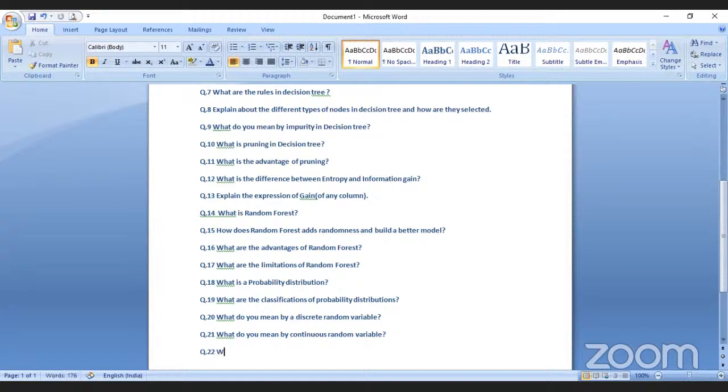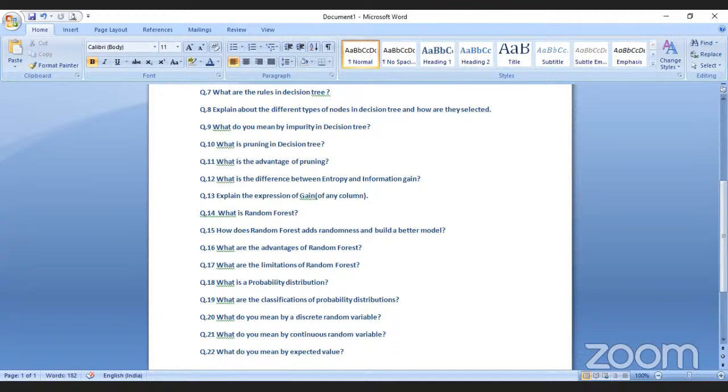After that, what do you mean by expected value? Expected value, which is also known as mean value, is the expected outcome of a given experiment.